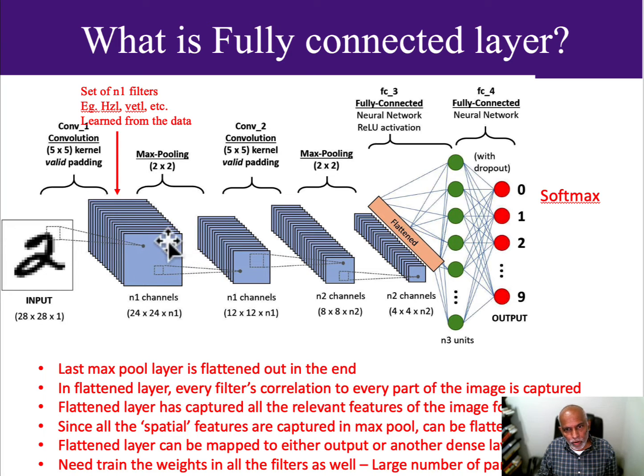So all this is for one feature, whatever that particular one feature is, you compute across all the images. So the learned feature is, let's say, a curve like this, and this feature is supposed to capture a curve like this, and that is what is run through all the images.